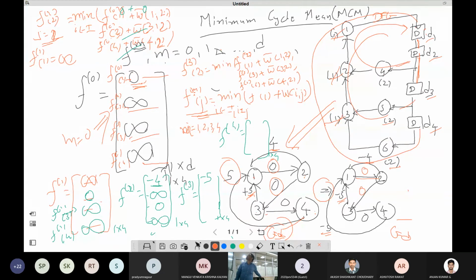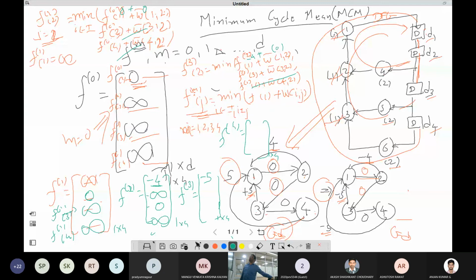So f of 2 1 is some finite value, 3 is 0, 4 will vanish. f of 2 1 is minus 4 plus w bar 1 2, which is 0.